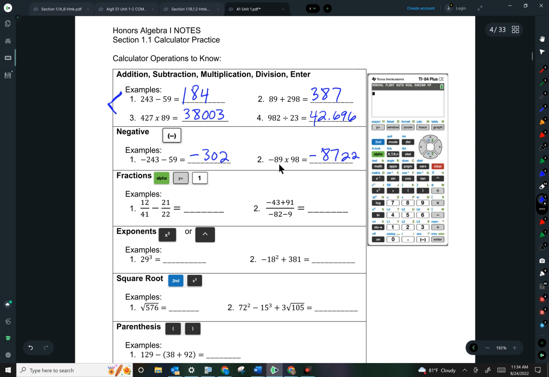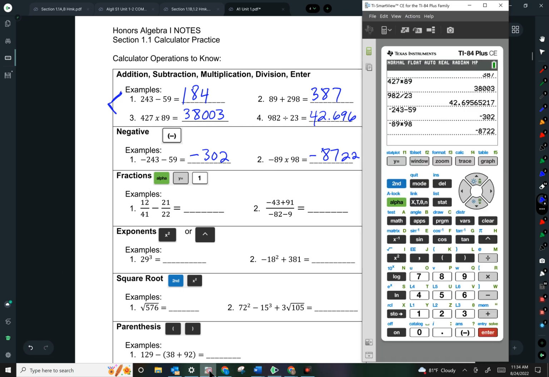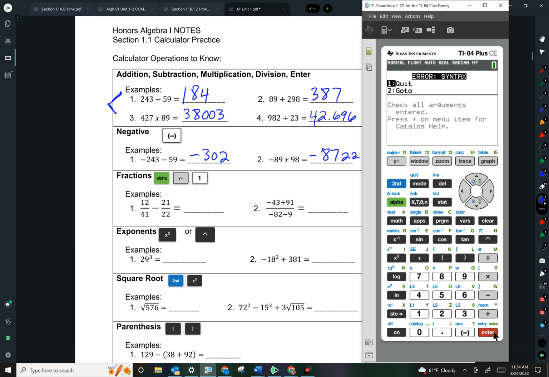Let me show you, for example, on that number 2, if I had typed in, let's say, 98 times, and then I was doing the negative 89, but let's say I accidentally pressed the minus instead of a negative on the 89, and then I press enter, and it's going to give me an error. One thing that's handy about errors is notice down here in number 2 it says go to.